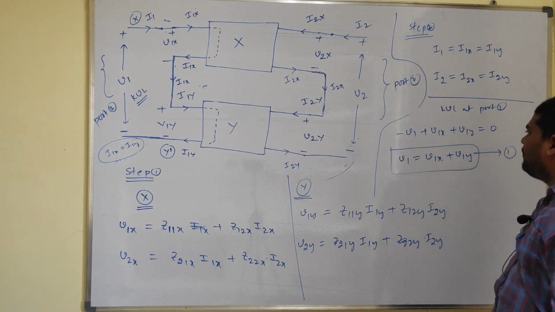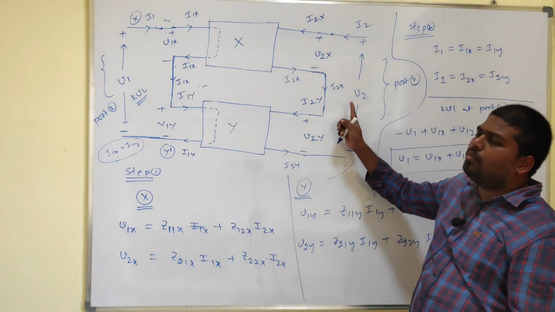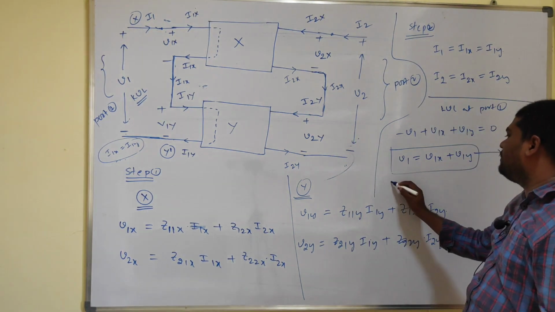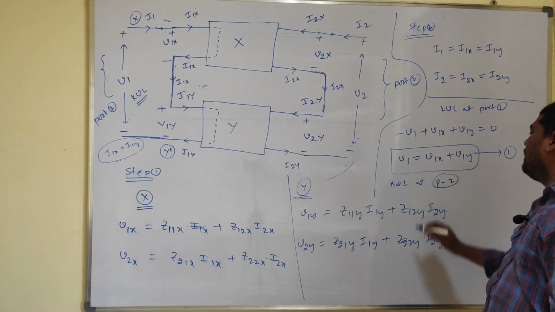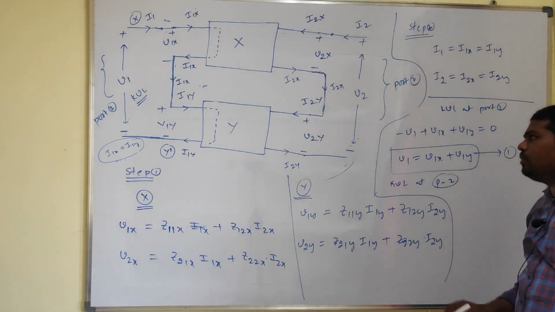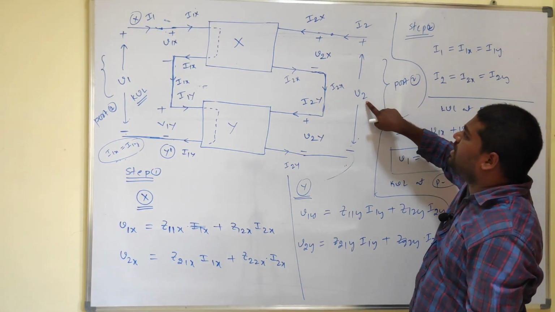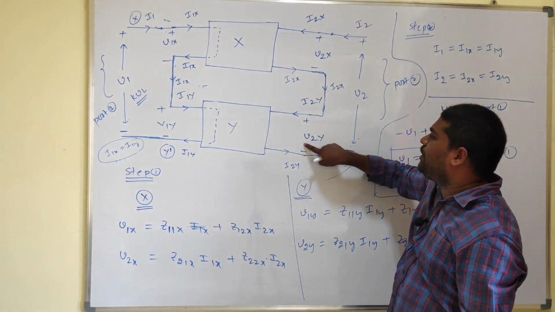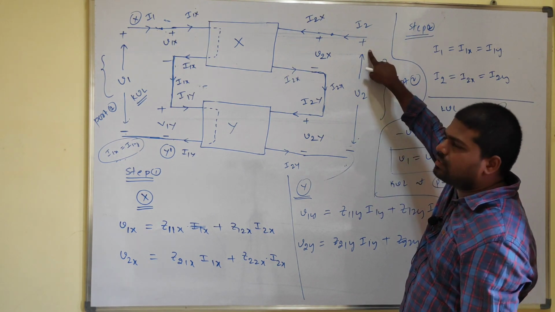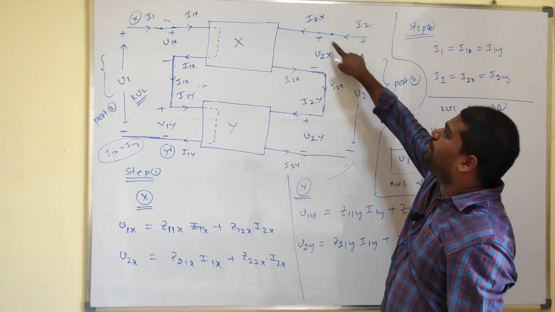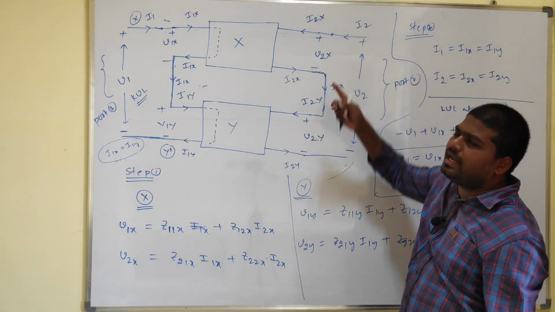In the same way you can apply KVL at port 2. At port 2 we have three voltages: V2, V2x and V2y. For V2, going from minus to plus we take the minus sign, and for the others, plus to minus, we take the plus sign.